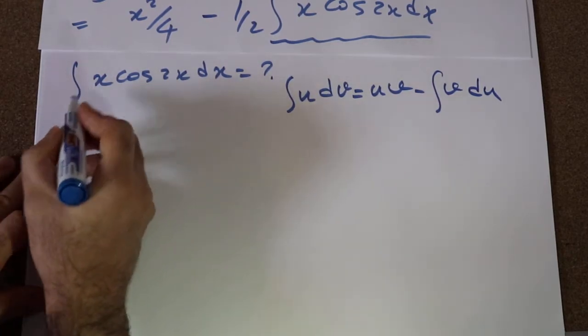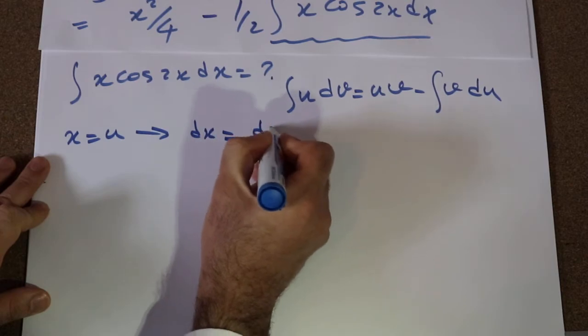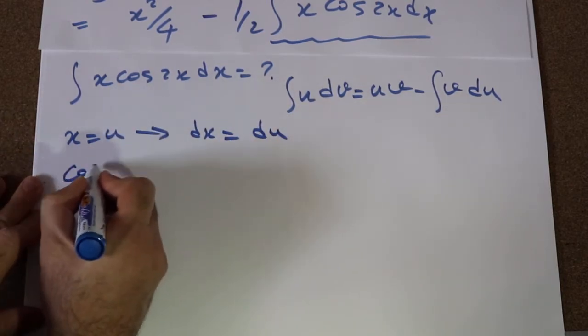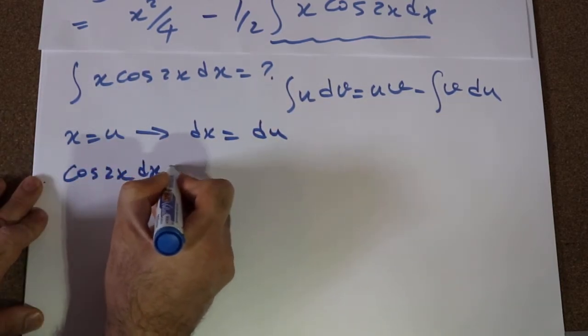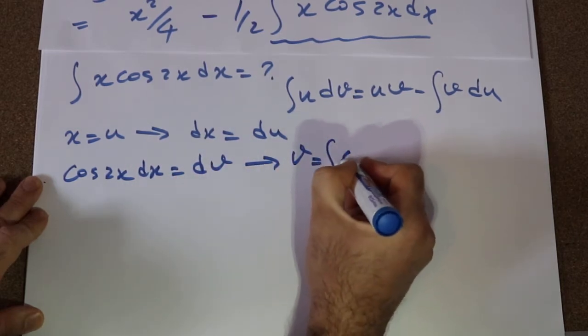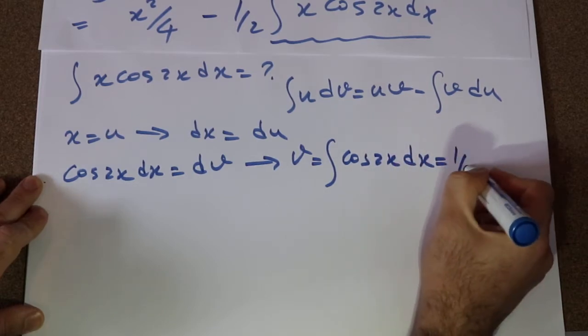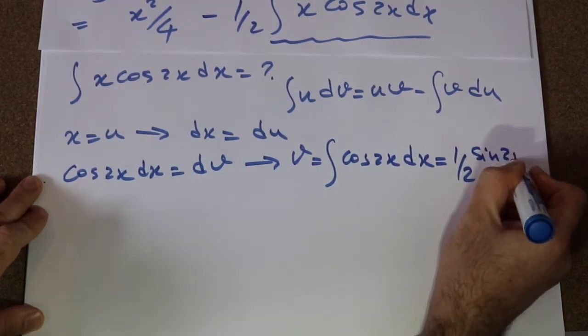Here I define x as u, therefore dx will be equal to du, and I define cosine 2x dx as dv, therefore v will be equal to the integral of cosine 2x dx, which will be equal to 1 divided by 2 sine 2x.